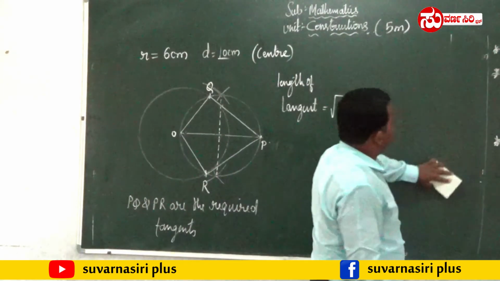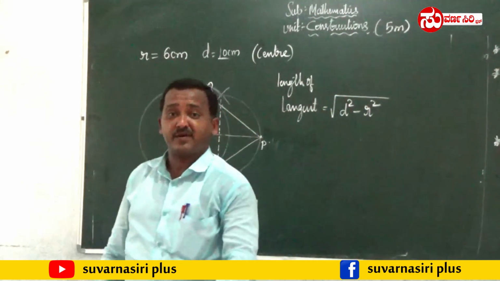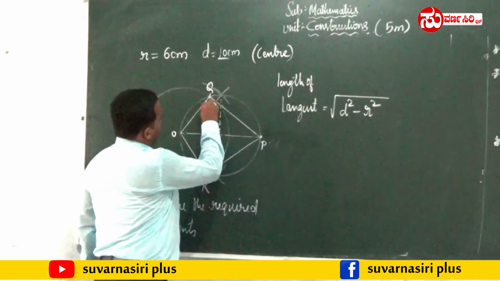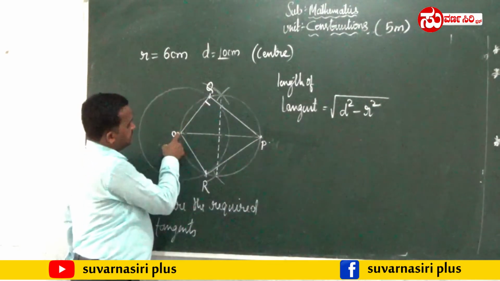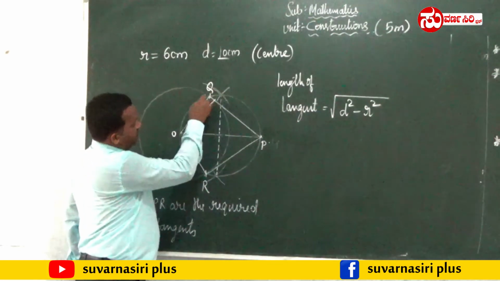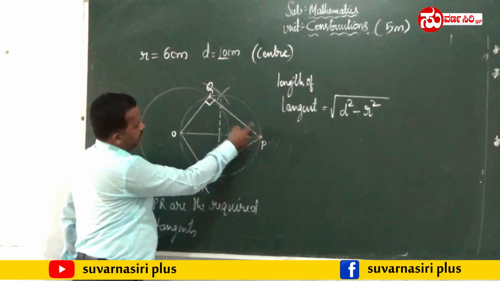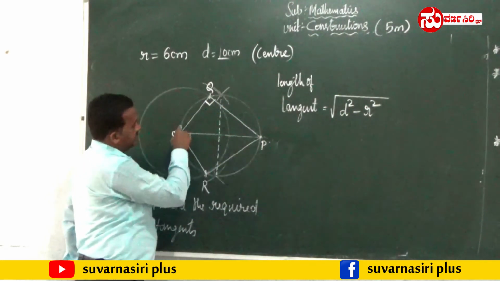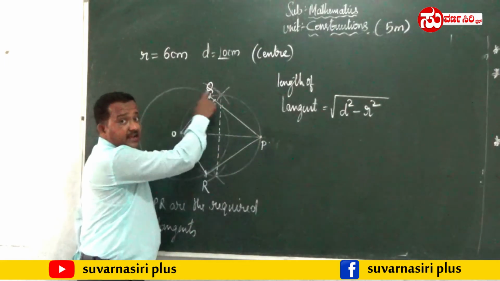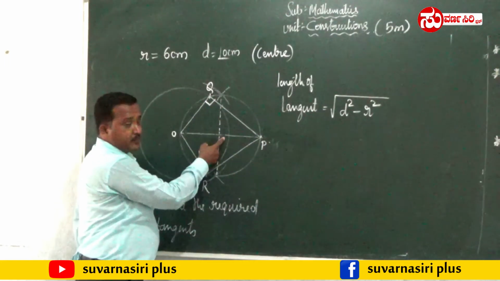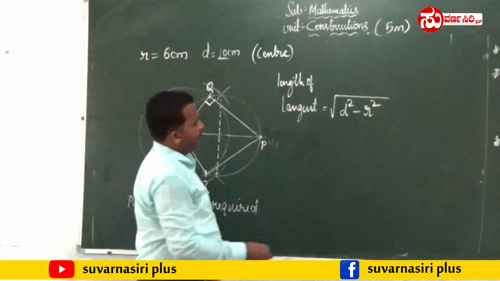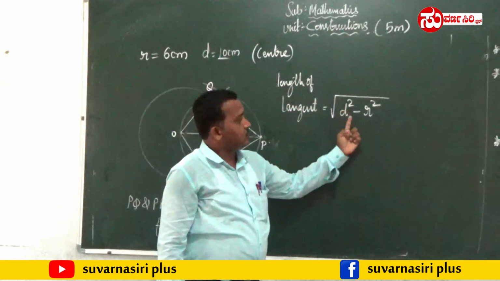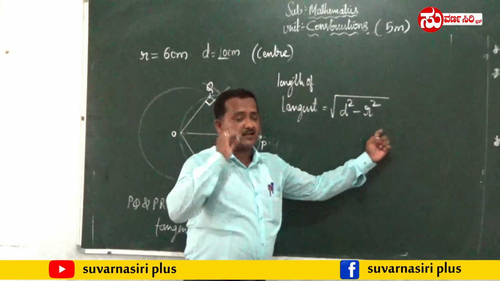This formula is obtained with the help of the Pythagoras theorem. The radius drawn from the circle to the point of contact, the tangent, and the distance of the external point from the center form a right angle triangle. As this is the hypotenuse, the formula is derived from that. Length of the tangent is equal to square root of d square minus r square.